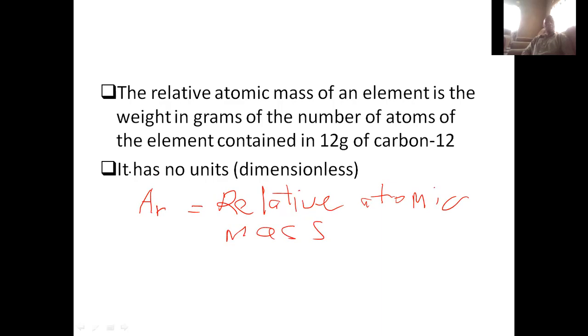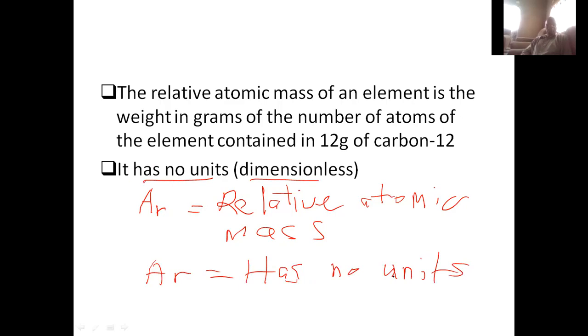It has no units, so we have said here, the relative atomic mass is dimensionless, meaning that the relative atomic mass has no units. It's dimensionless. So this is very important because at times students tend to misrepresent it and they'll put units there.